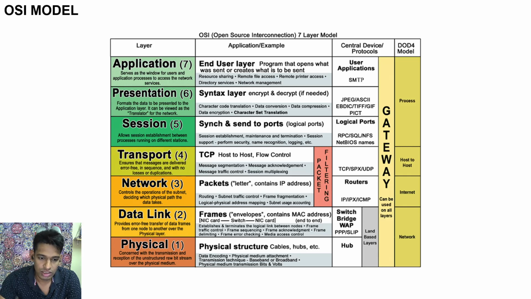So these are restrictions or standards on the physical medium, on the encoding of data, on the transmission technique. So all these standards, the number of cables, the medium used, the encoding used, come in the physical layer. So that is what physical is.